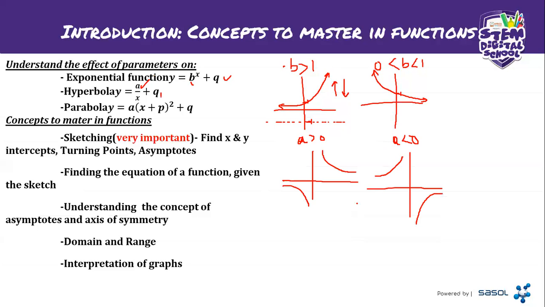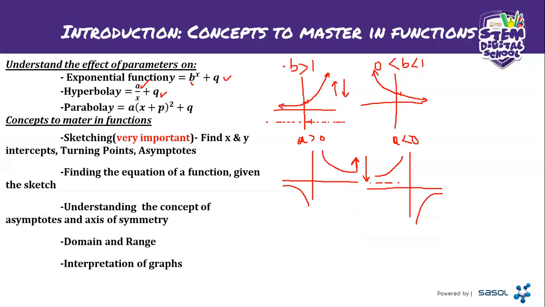And then what about the value of Q? They are saying Q is a vertical shifting. If it's positive, then the graph is going to move upwards. If it's negative, the graph is going to move downwards. Then again, Q determines the horizontal asymptote.